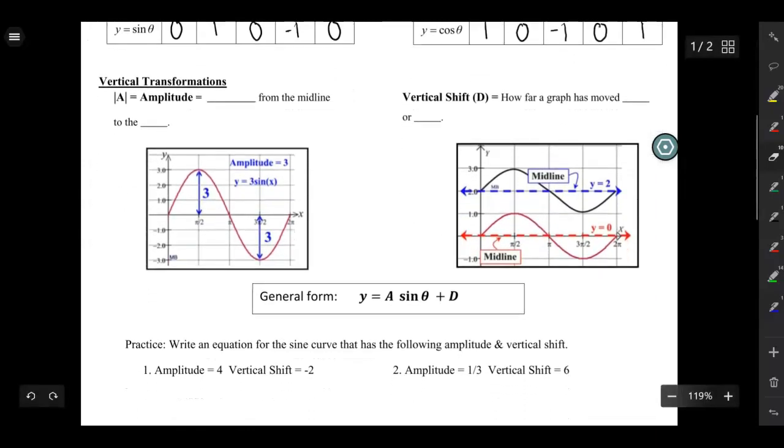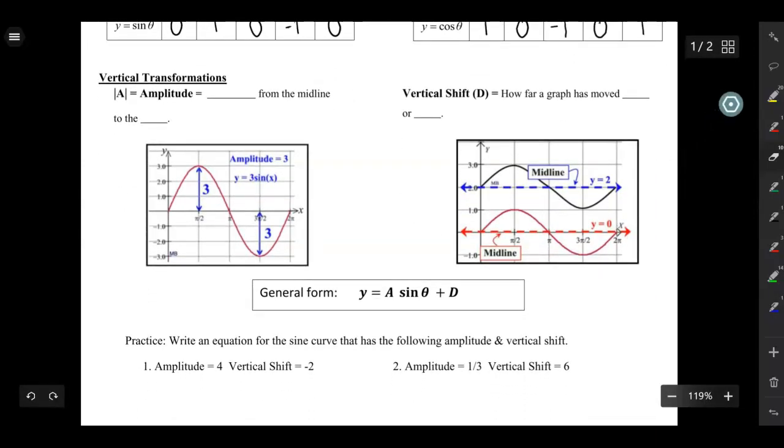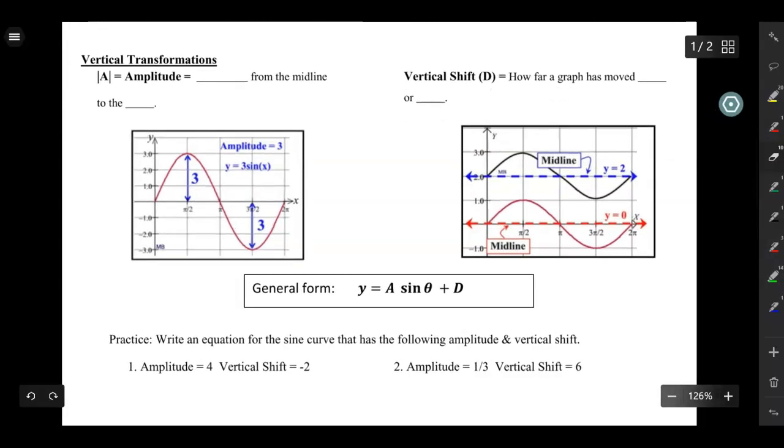So we have two types of vertical transformations. One is that I can change the amplitude of my graph. So the amplitude is the distance from the midline to the top or the bottom. If you look at our picture down here, the midline is basically the line that chops the graph in half horizontally.